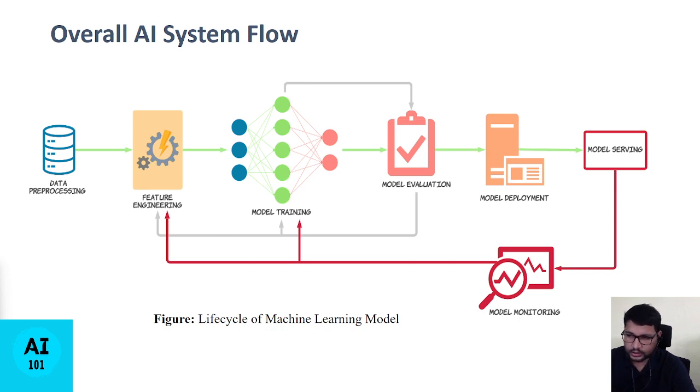And the next step is the feature engineering step. In feature engineering, particularly for machine learning algorithms, we cannot directly input high dimensional data into the machine learning algorithm, because machine learning algorithms generally have a small number of parameters to train.